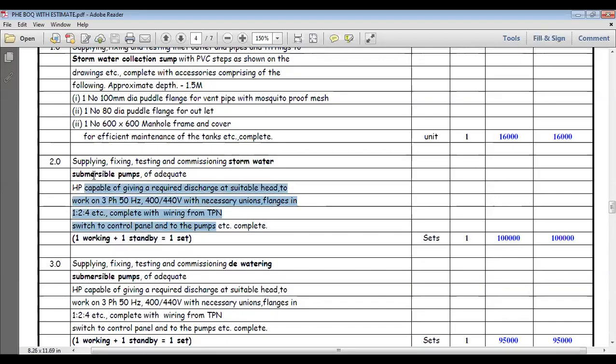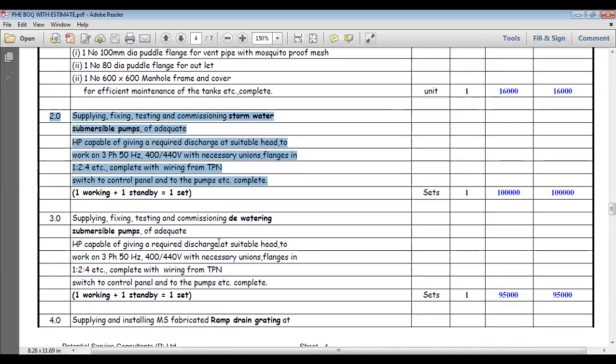These are the things for the stormwater submersible pump system. We have to give the necessary fittings. That only they have to do.